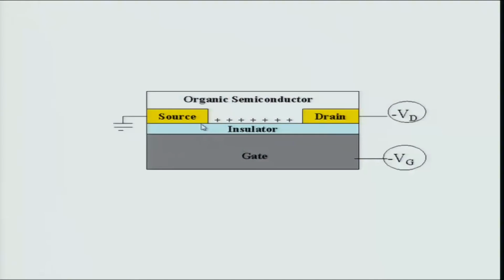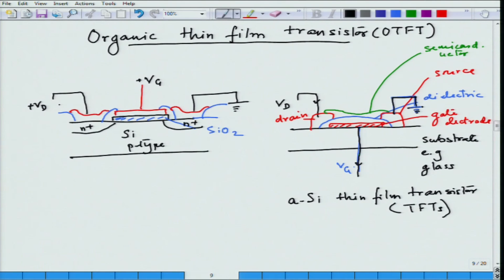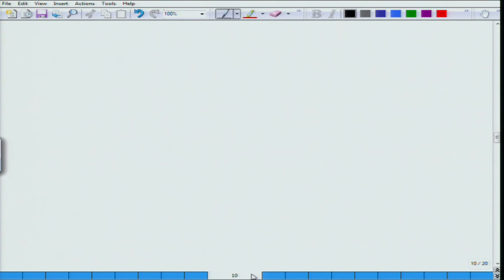So, in this particular case, the carriers which form the channel come from the injection from the source, and then these carriers can be moved by applying a drain voltage. So, when we look at the behavior of the organic semiconductor, it would be very much similar to the MOSFET.